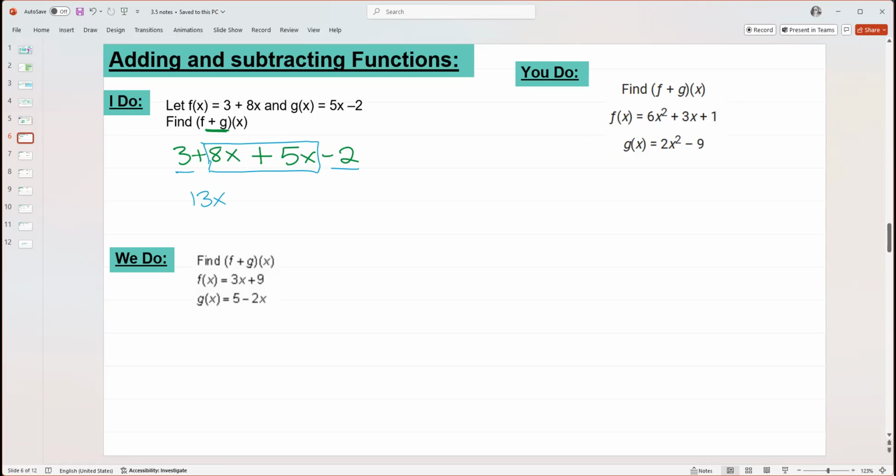And then 3 minus 2. Our 3 minus 2 is just 1. That's a positive 1, so we're going to say plus 1. And then I'm just going to write f plus g of x equals 13x plus 1. You can just write 13x plus 1.